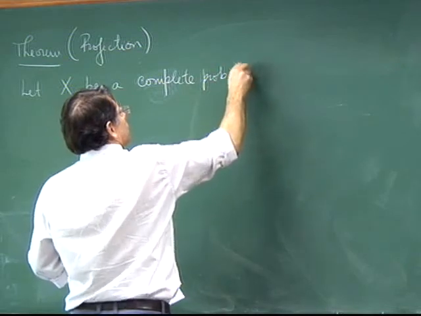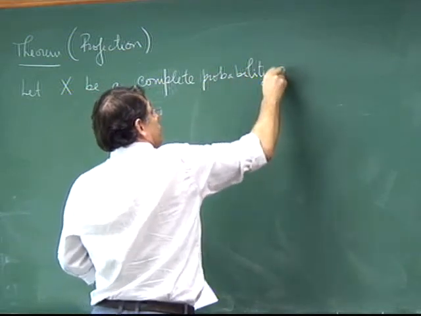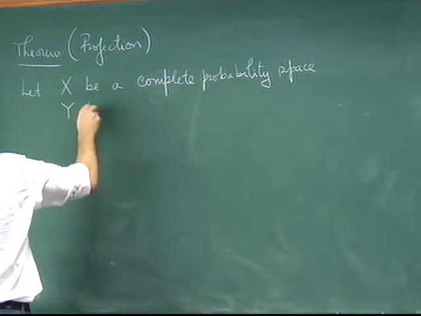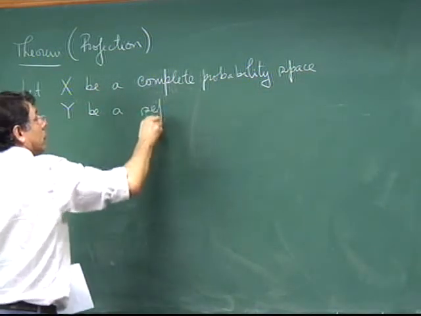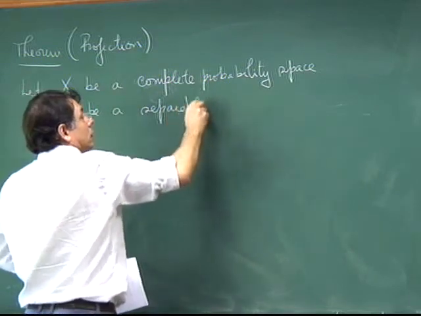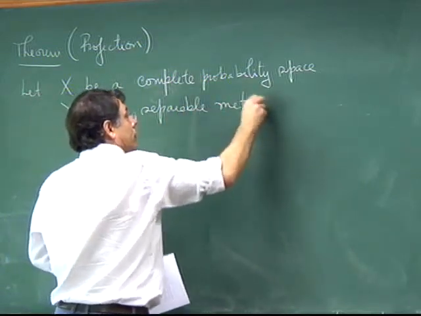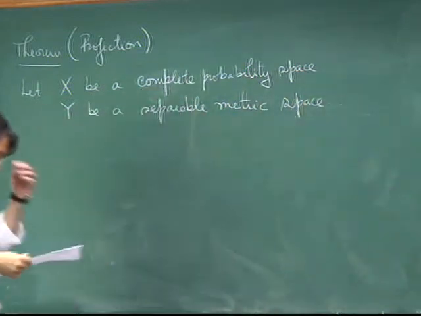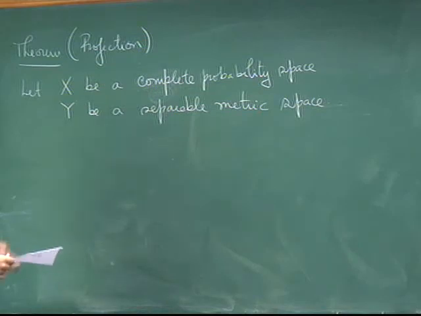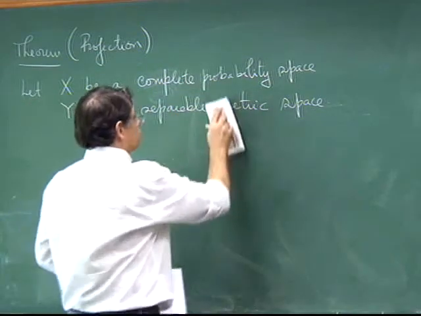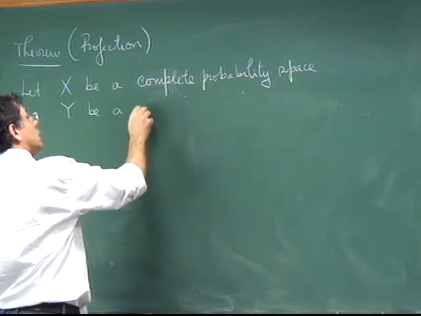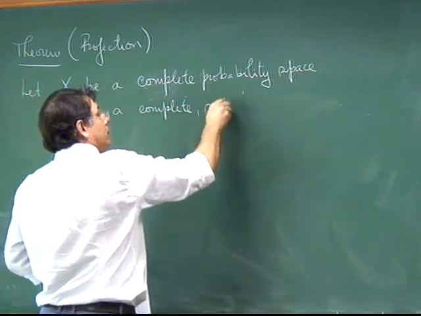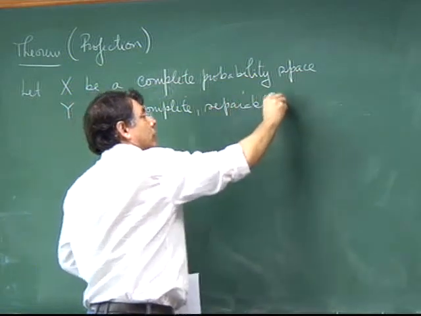I will explain the keywords. Probability space, and Y be a complete separable metric space.